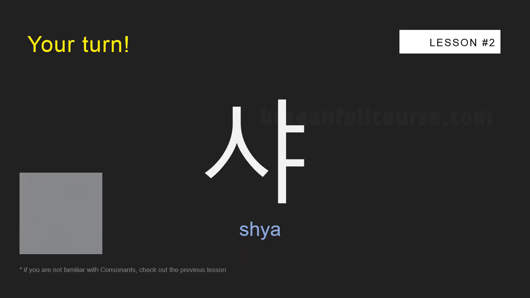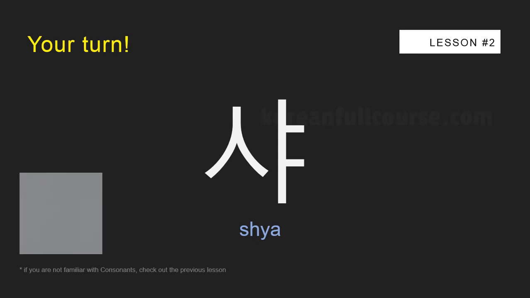As mentioned earlier in this lesson, I divided the 10 vowels into two groups. If you use a vowel from the first group, which is a, o, u, then this letter should be pronounced as s. So sa, so, su.